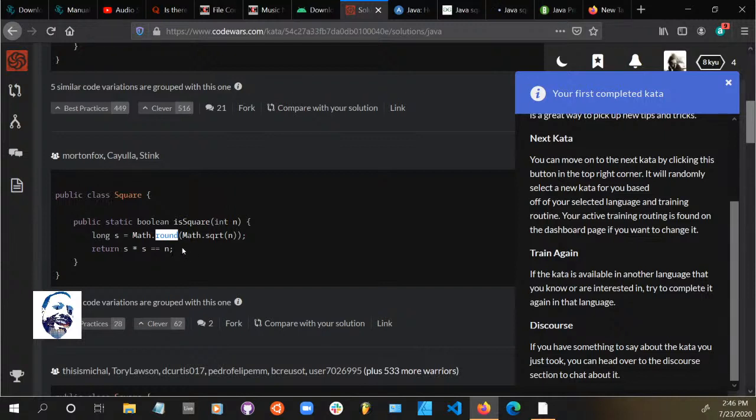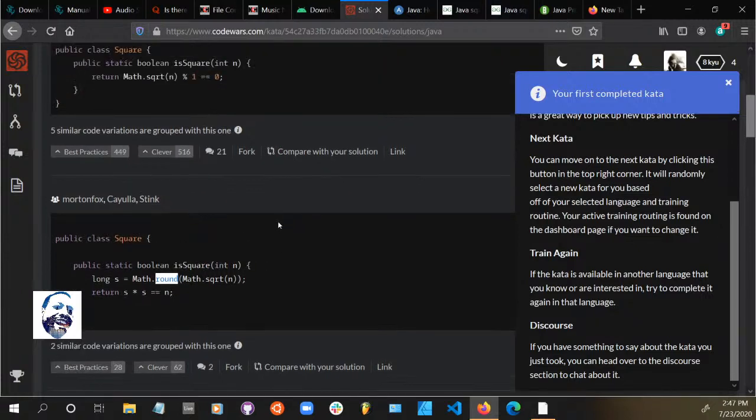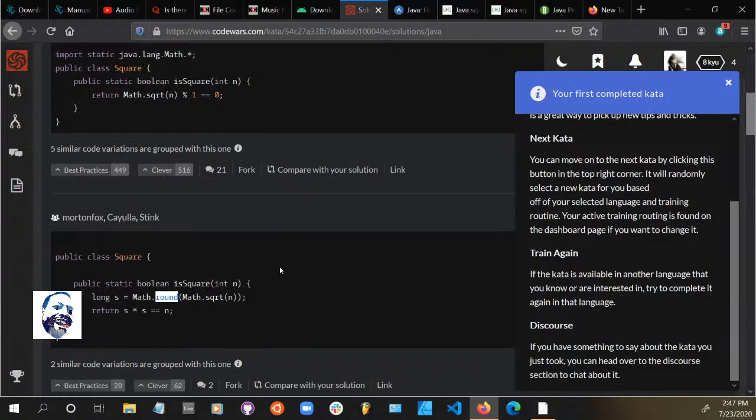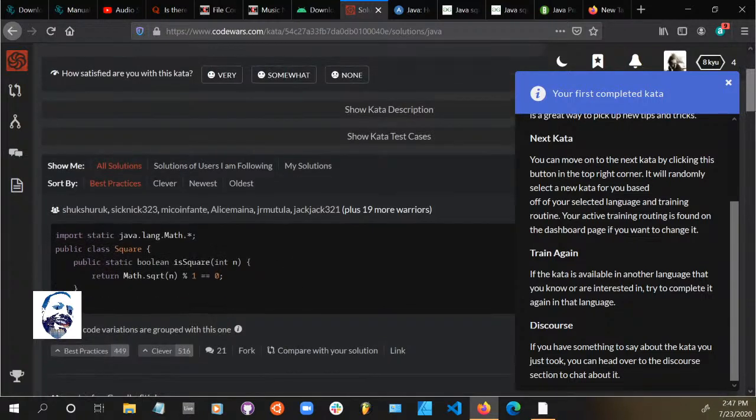But if not, then it's not. But think about it. You're rounding something that doesn't need to be rounded in this case. So even though it works and it's good, I still say the way I solved it was the more intuitive way.